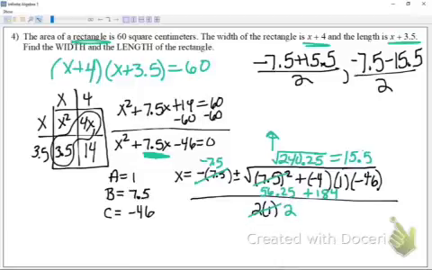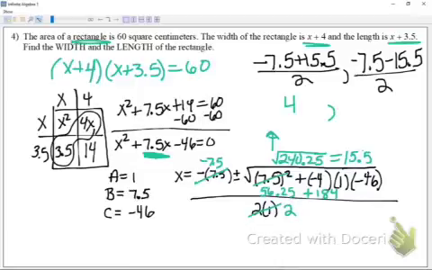I'm going to give you guys a minute to get caught up in your writing here. Make sure that when you calculate these out, you're watching your positive and negative signs. For our first answer, when you take negative 7.5 and add it to 15.5, you get an 8. Divide that by 2 and your first answer is 4.